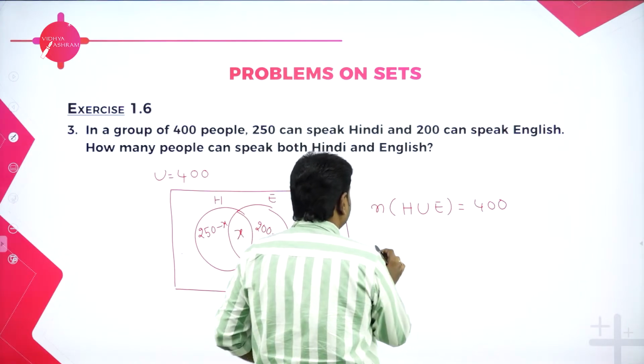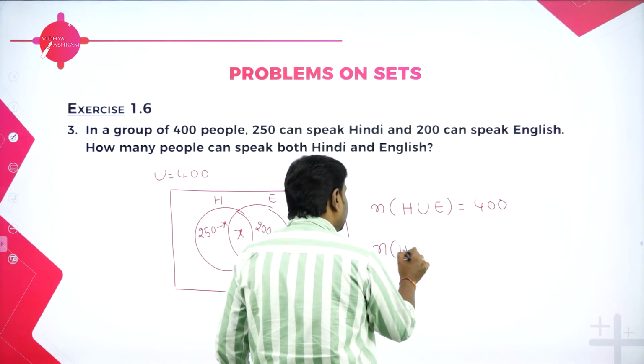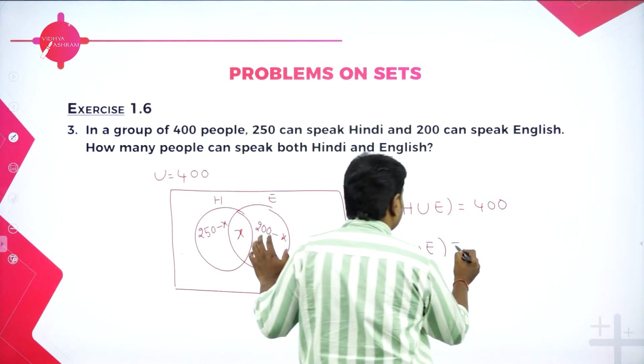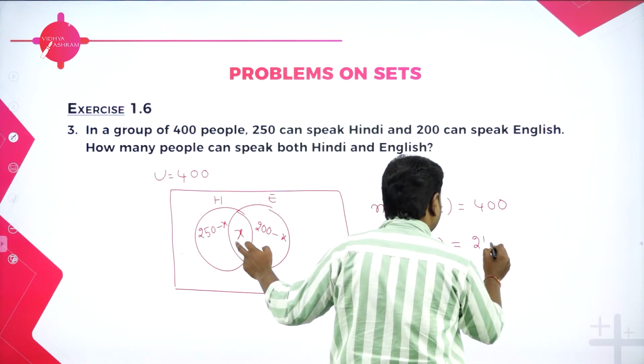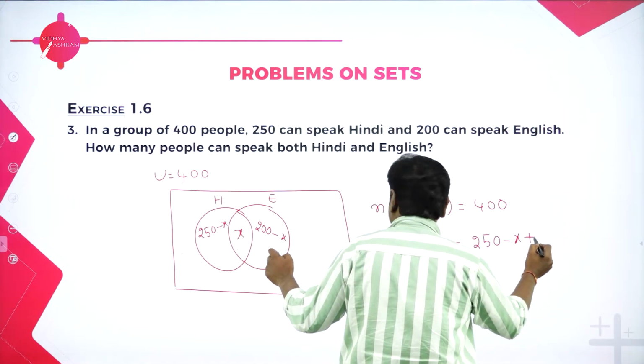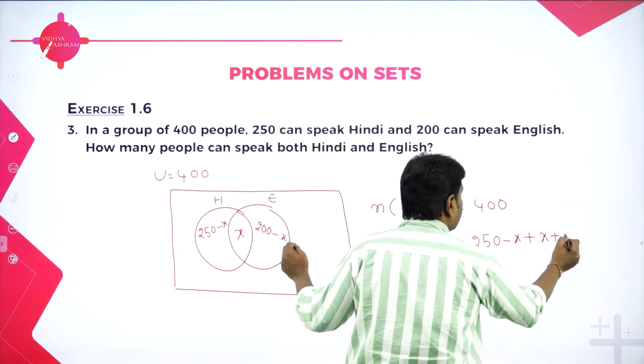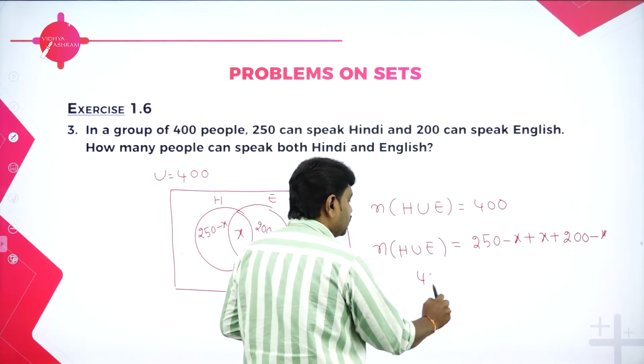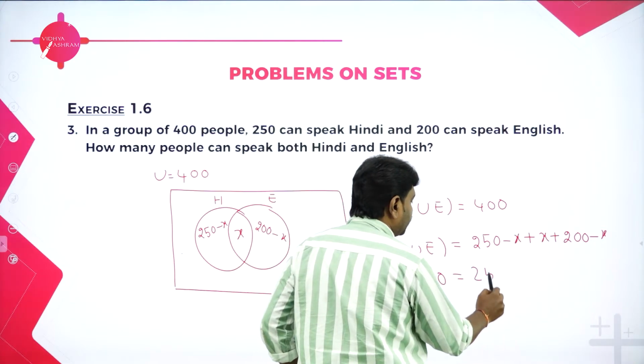So n of h union e means sum of all. What are the elements we have? 250 minus x plus x plus 200 minus x, and this is 400. 400 is equal to 250 minus x plus x plus 200 minus x.